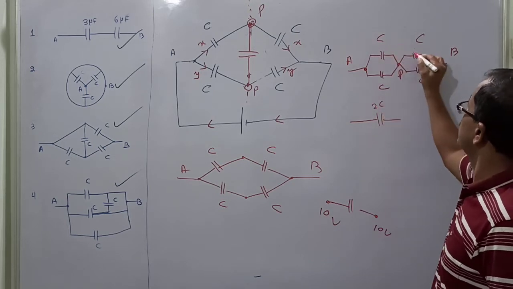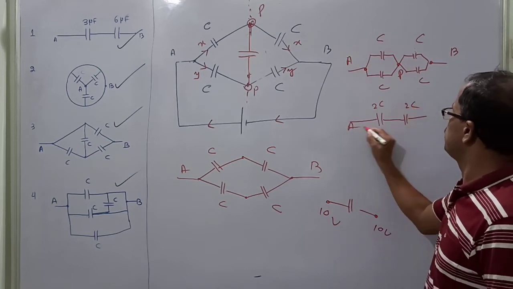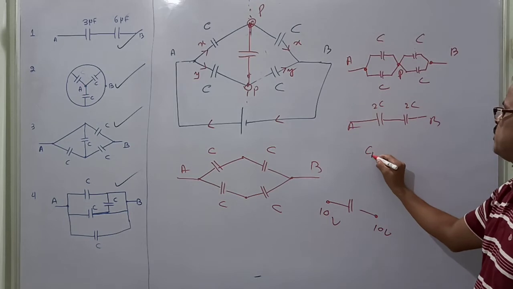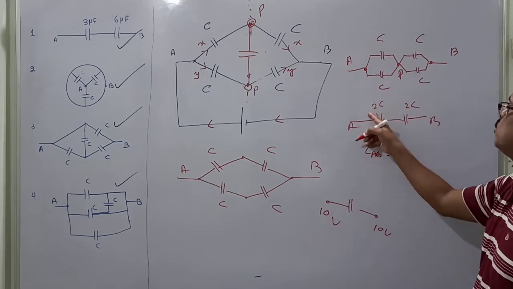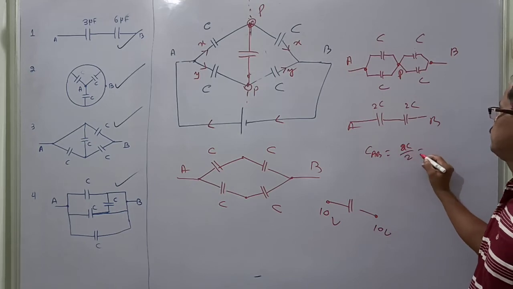Again parallel, again C, C, 2C. They are parallel. Again between A to B there are two capacitors in series. So the net capacitance between A and B will be half of 2C. So the answer is equal to C.